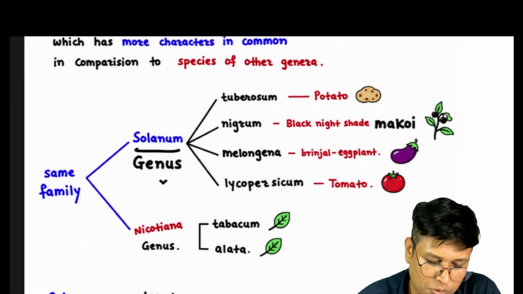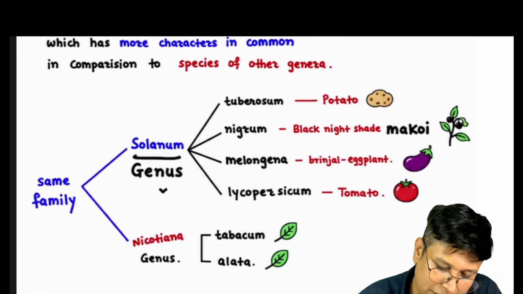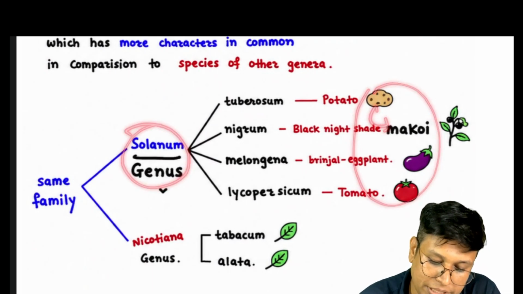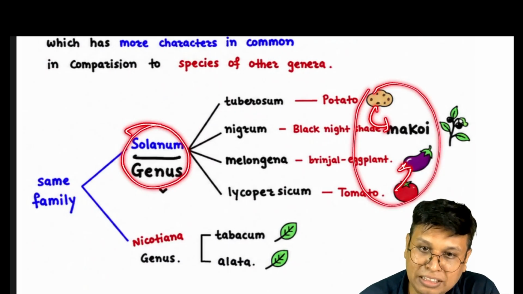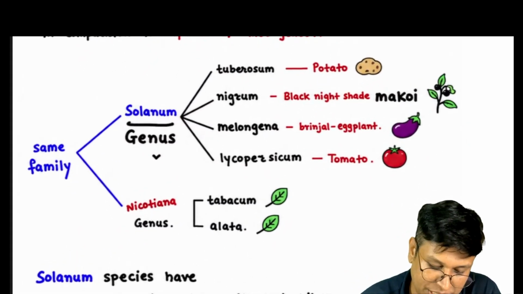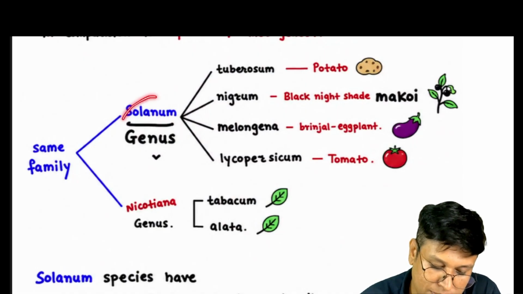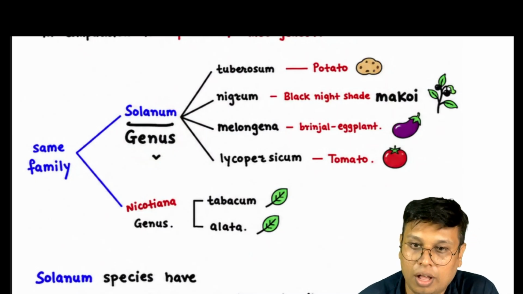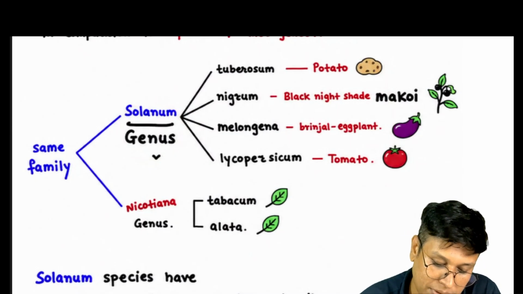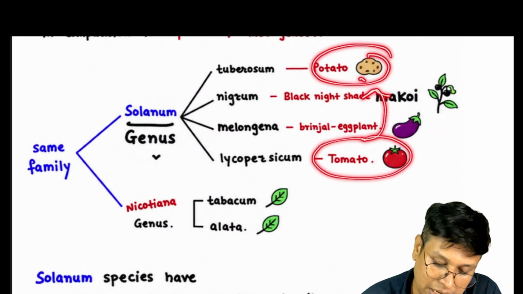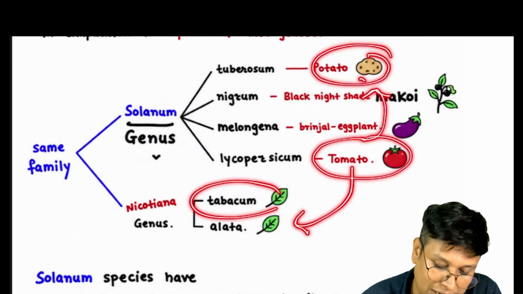Very easy. So what is happening here is that all these species belong to one genus. They have more in common with each other than with species of other genera. Pay attention here. That means these species belong to one genus: potato, tomato, brinjal. They are comparatively more similar. If I compare tomato and potato, they are more similar compared to tomato and tobacco.